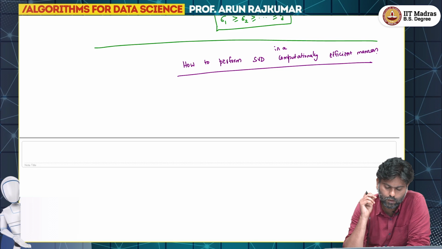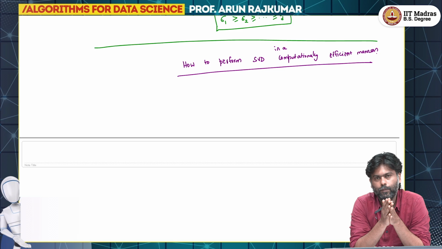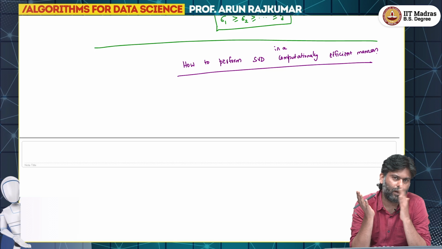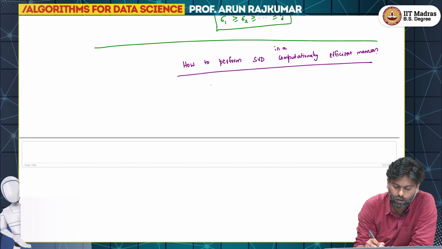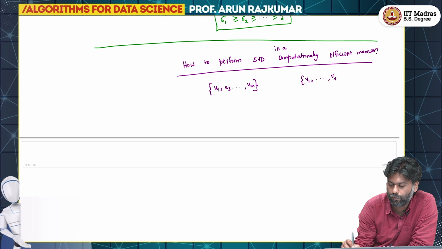Let us say for the moment somebody tells us the top k eigen or singular vectors of A, the left singular vectors, the u vectors. There are m vectors u1, u2 till um, if you remember, and then there are v1 to vd.